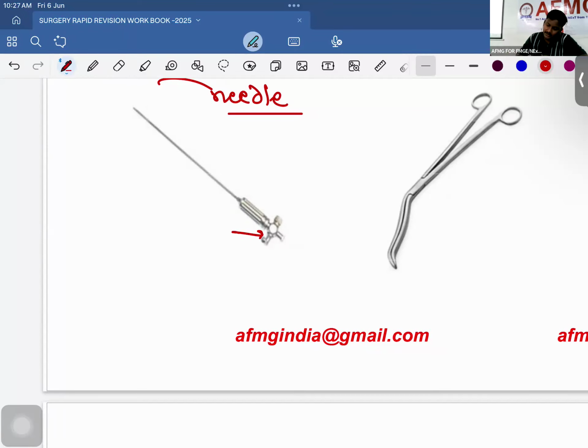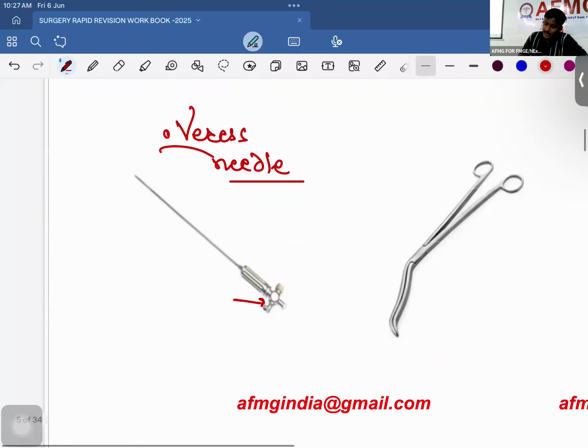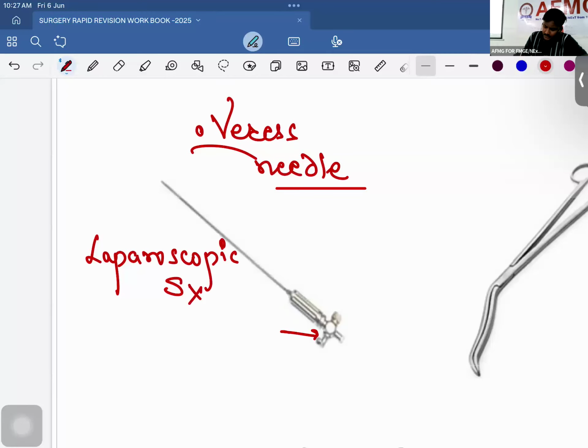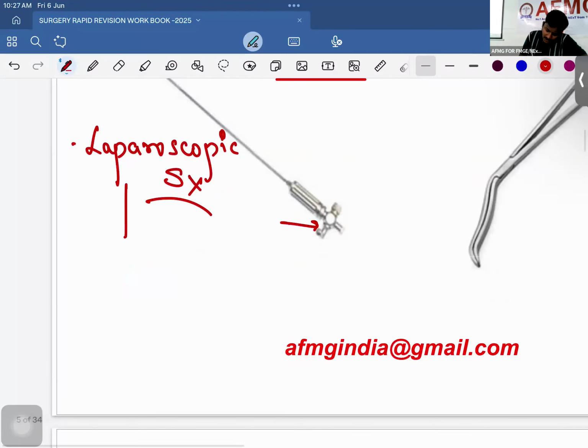So this is also a Varus needle itself, and we know that Varus needle is generally used for which kind of surgeries? Laparotomy or laparoscopy. So we know that definitely, beta, Varus needle is generally used for laparoscopic surgeries. Why is it used for laparoscopic surgeries? To create pneumoperitoneum.